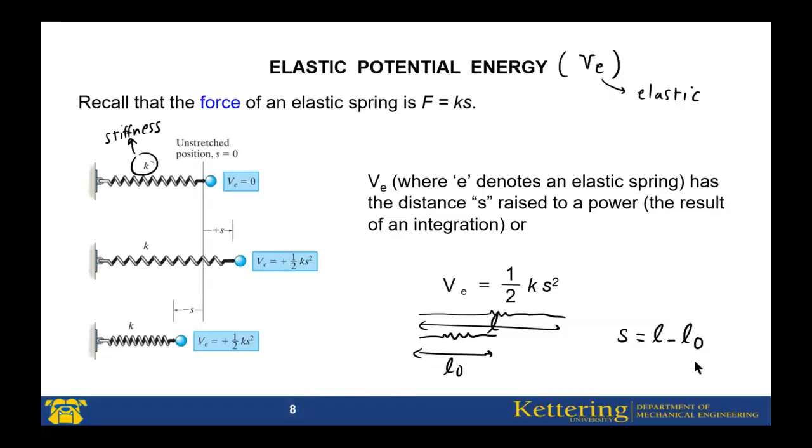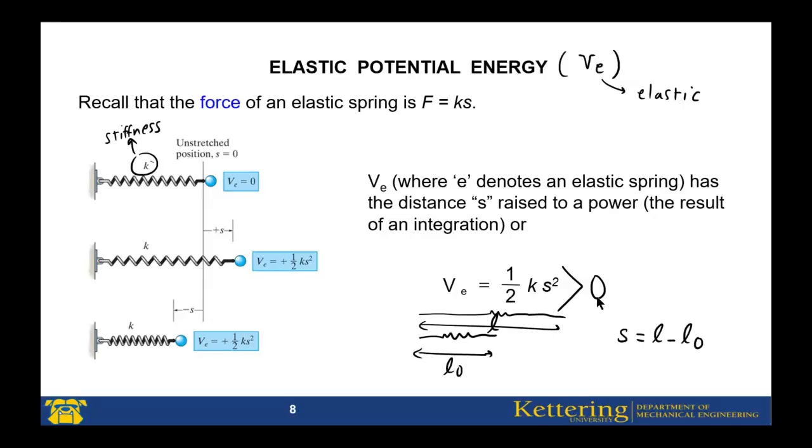Also, you can see from this that the potential energy because of an elastic spring is always positive. When I stretch the spring or compress the spring, the potential energy will always be positive.